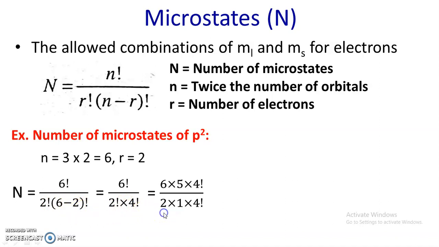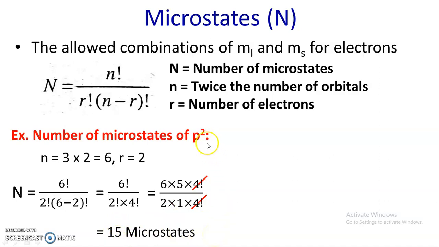So this is equal to 6 factorial, meaning 6 into 5 into 4 factorial, upon 2 into 1 into 4 factorial. The 4 factorial cancels, and the answer is 6 fives are 30 upon 2, that is equal to 15 microstates.